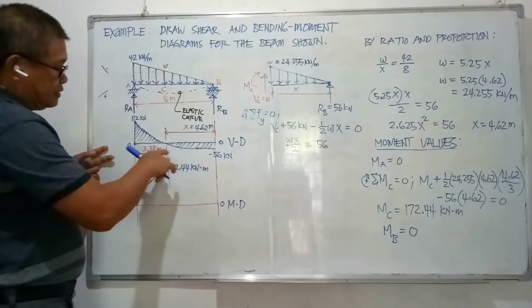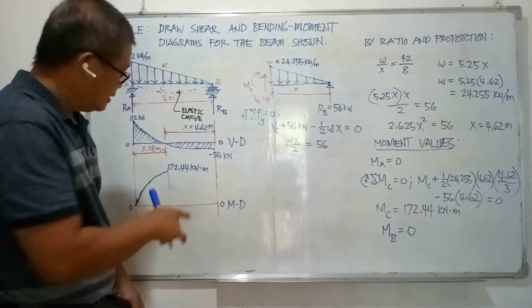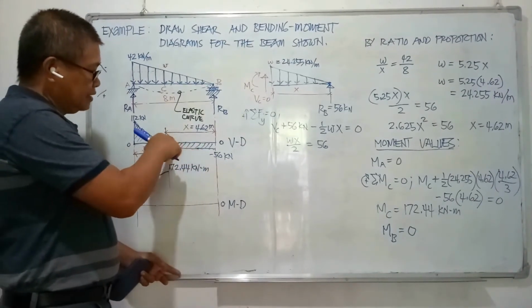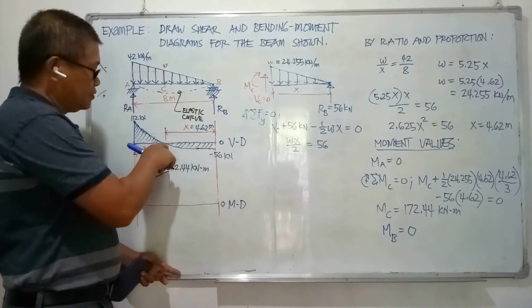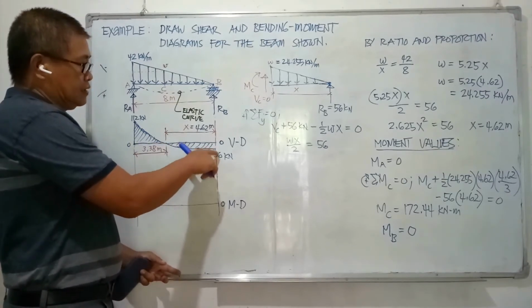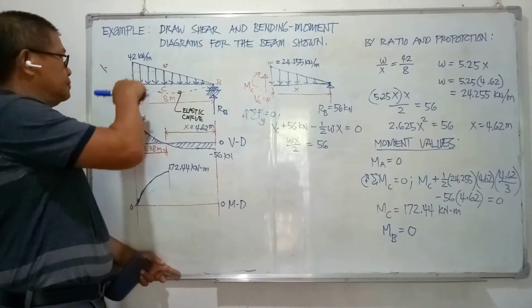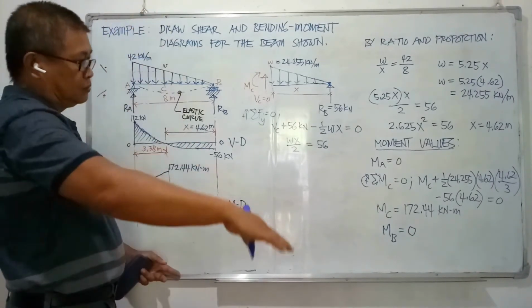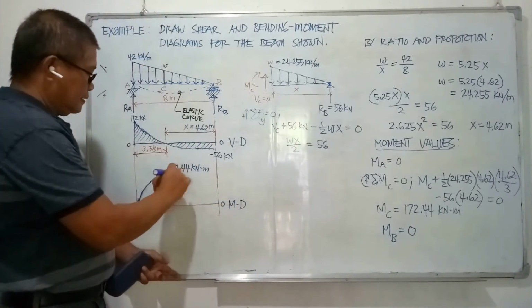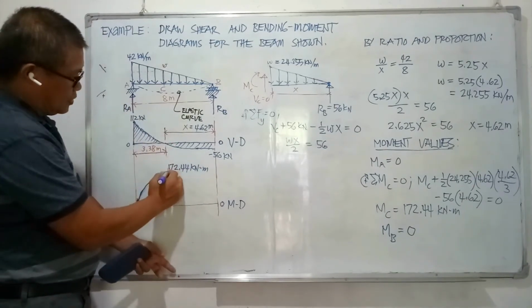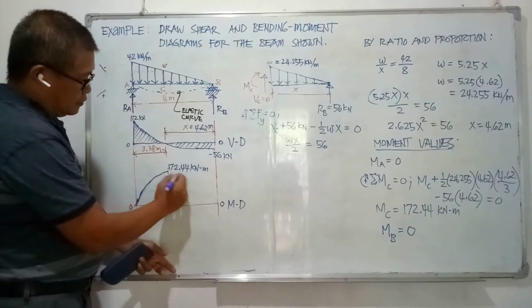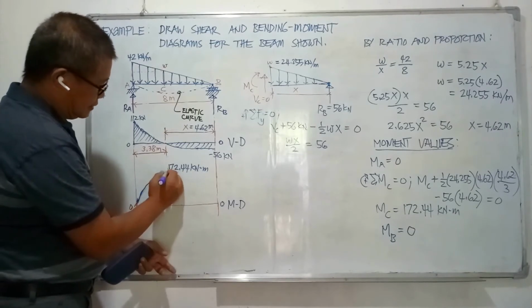Then this area is negatively increasing, negative, and then increasing in magnitude from 0 at C to 56 at joint B. And a negative slope is from upper left to lower right. And starting from 0 at this point, it gradually decreases.